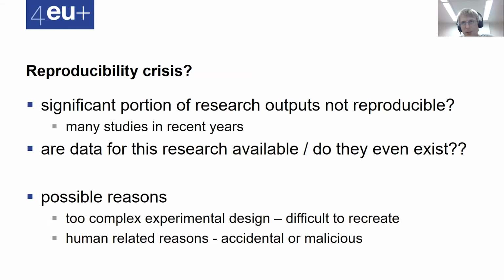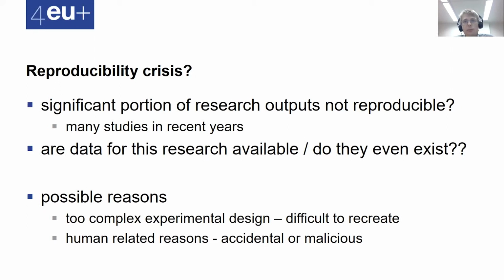There's the question if there is a reproducibility crisis. It depends on the domains again, but the discussion which is going on is how large a part of research output is not really reproducible. And there are many studies in recent years in different areas which are looking into that.